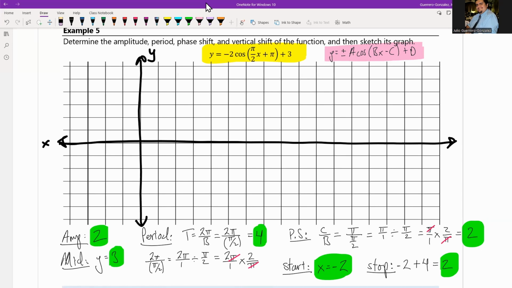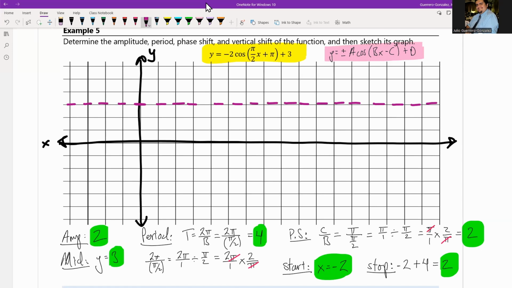Okay, so we have everything that we need right now. Let's start with the midline. You guys see the midline? It is y equals 3. So I'm going to go ahead and do 1, 2, 3. Here's my y equals 3. I'm just going to add my dotted line to signify that this is my vertical shift.